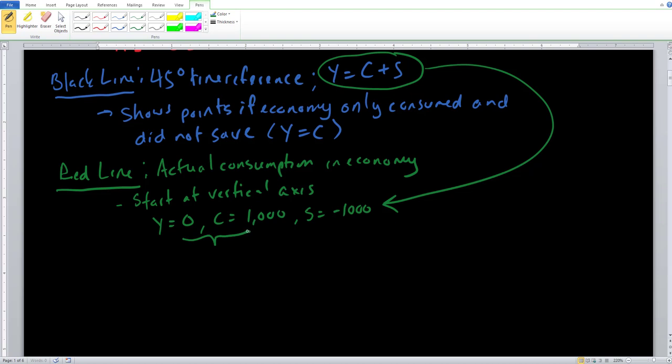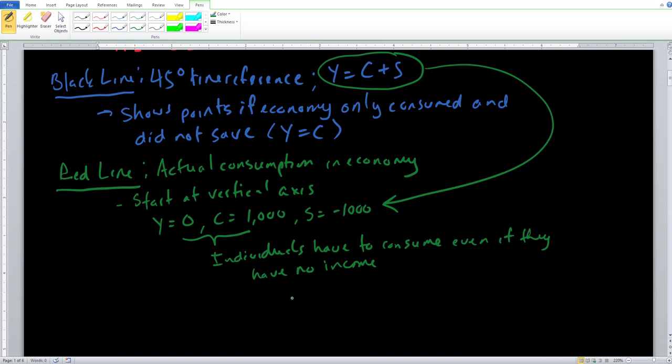So whenever we start off at the vertical axis, individuals have to consume even if they have no or zero income. And remember, this is called our autonomous consumption.